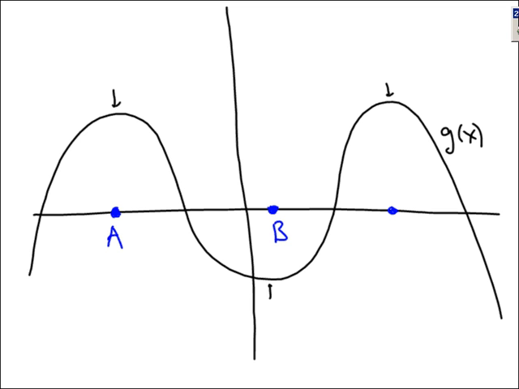A, B, and C. Now, to the left of A, the slopes are very negative, and then eventually they're 0. So it's from very negative to 0.